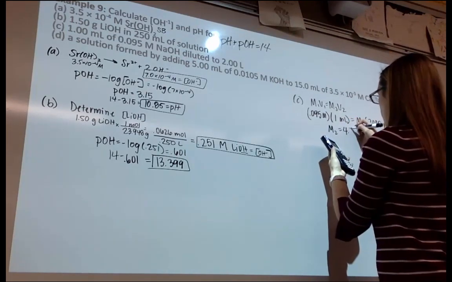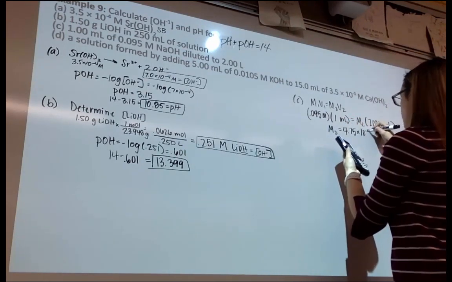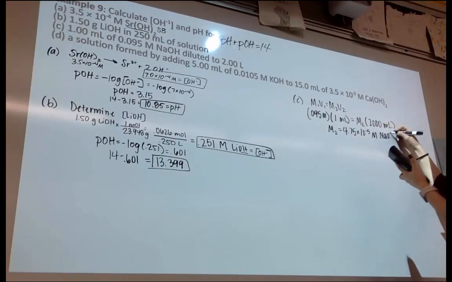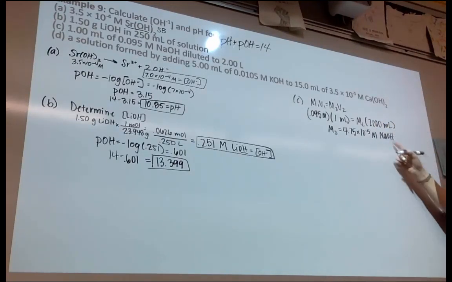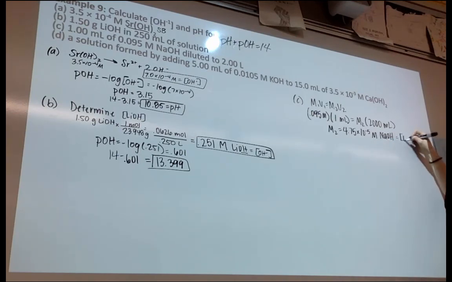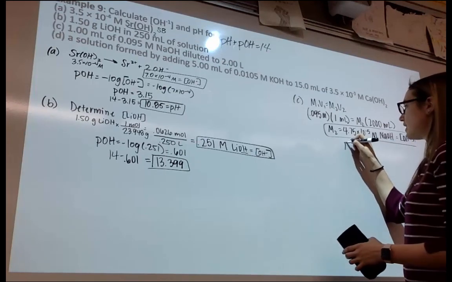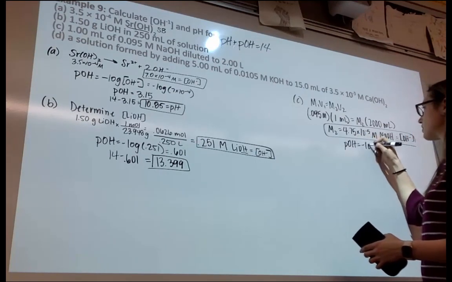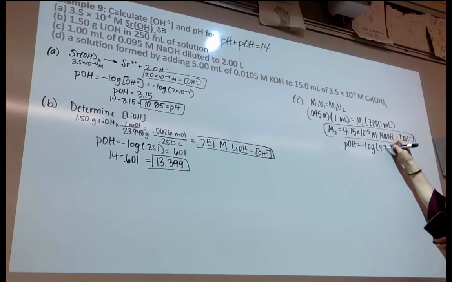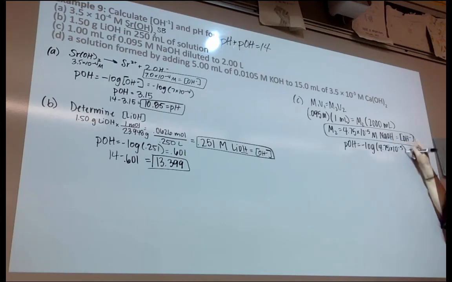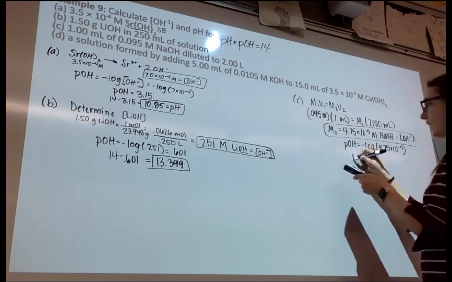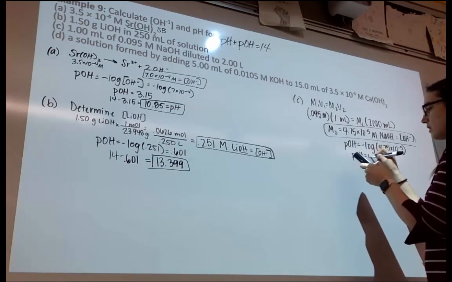M2 is 4.75 times 10 to the negative 5th molar of NaOH. There's one hydroxide here, so the concentration is the same. There's OH minus. Take the negative log, that's pOH. So negative log of that is giving us pOH, 4.32.